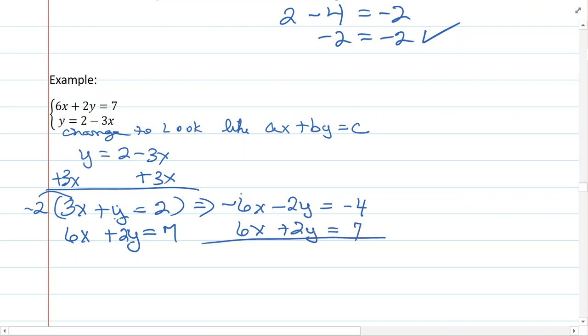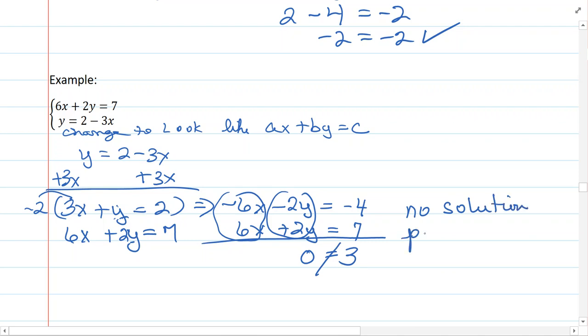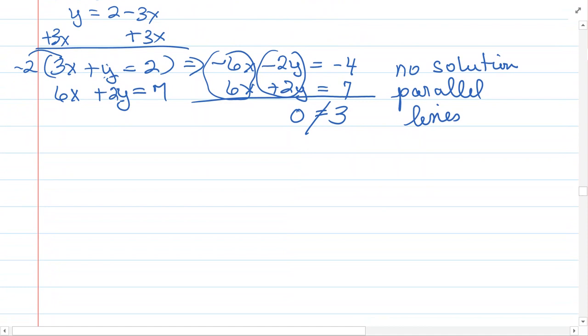I'm going to add. This is 0 and this is 0. Does 0 equal 3? No. Well, then there is no solution because they are parallel lines. We know the slope is negative 3 there, and when I move that over, it'll be negative 3 on that one.